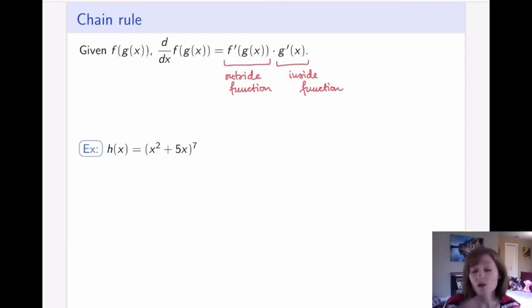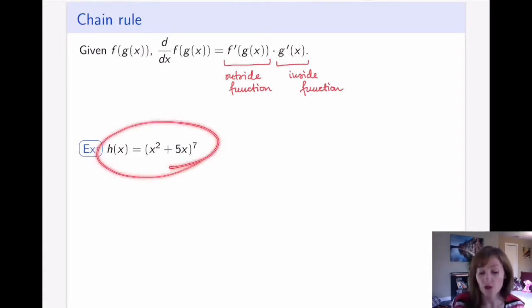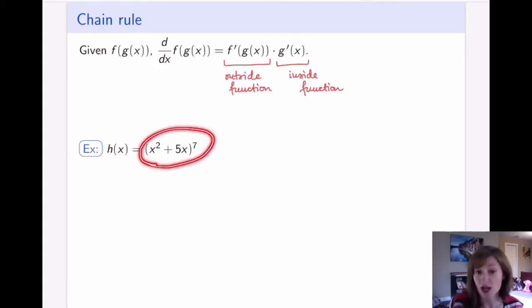So far, we have only worked with polynomials, and with polynomials, it's going to be fairly easy to figure out what's inside and what's outside. So here, if you think of how the composition occurs, if I did pick a particular value for x, and I went through to actually calculate this expression, then the first thing that is going to happen to x is I'm going to compute the value for x squared plus 5x.